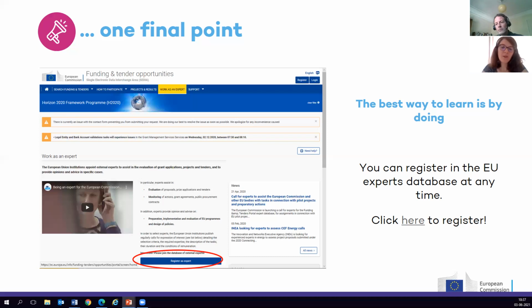So we know that in some fields we have more male experts registered, and we are particularly looking for female profiles. And it might also happen that in other fields the balance is in the other direction. So yes, the more experts we have in the database, the easier it is for us to find experts with the good level of expertise, and that will enable us to also match with these requirements.